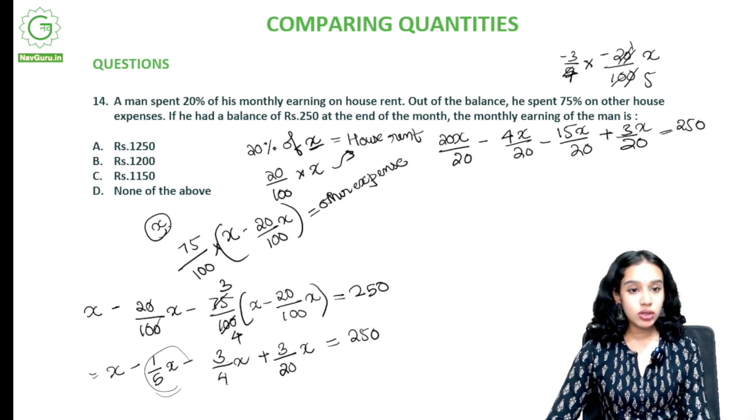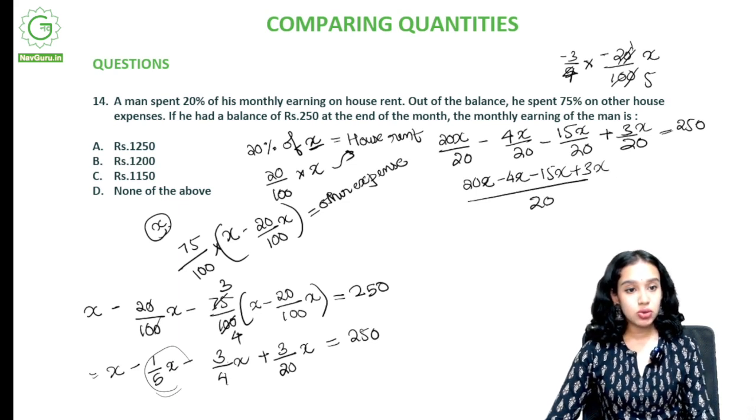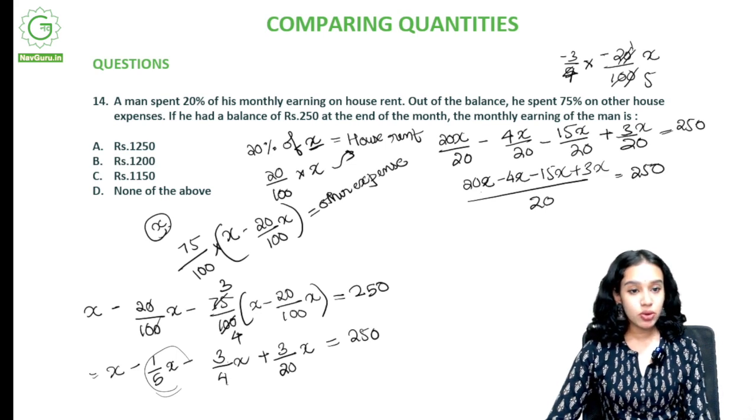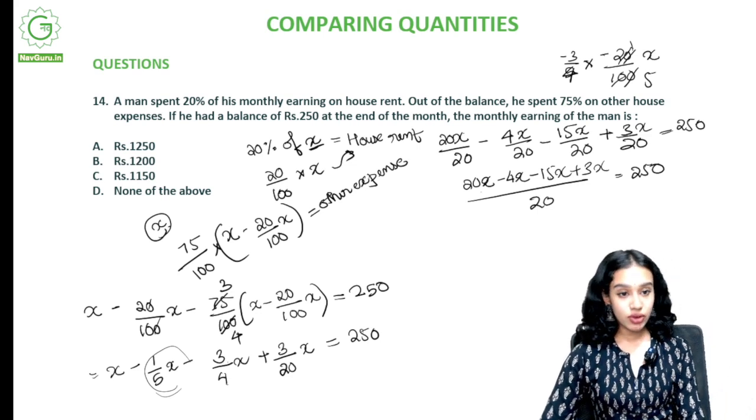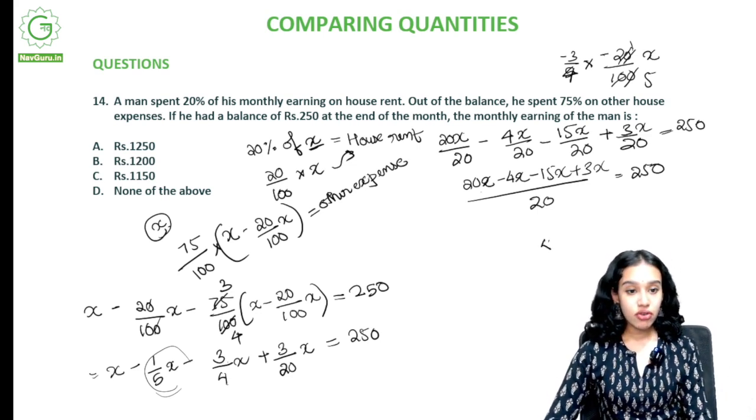Now we have 20x minus 4x minus 15x plus 3x whole divided by 20 is equal to 250. So 20 minus 4 is 16, 16 minus 15 is 1, 1x plus 3x is 4x. So let's say 4x by 20 is equal to 250.